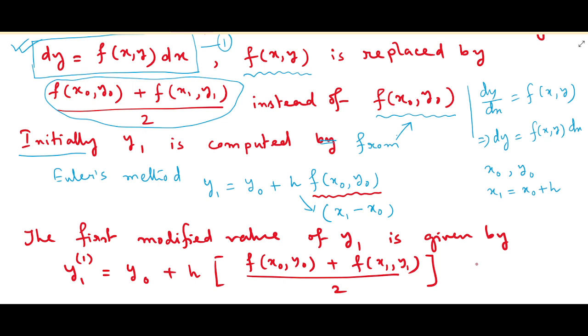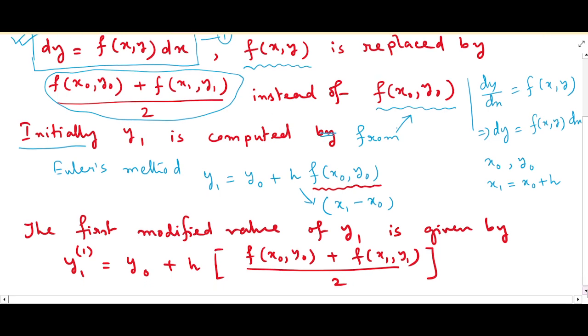Maybe you'll think it's a little complicated, but it's not. It's very simple. In Euler's method problem we have to find f of x naught comma y naught, and here we have to find f of x1 comma y1. That is also easy, as I am going to show in the problem. So this is the first modified value.